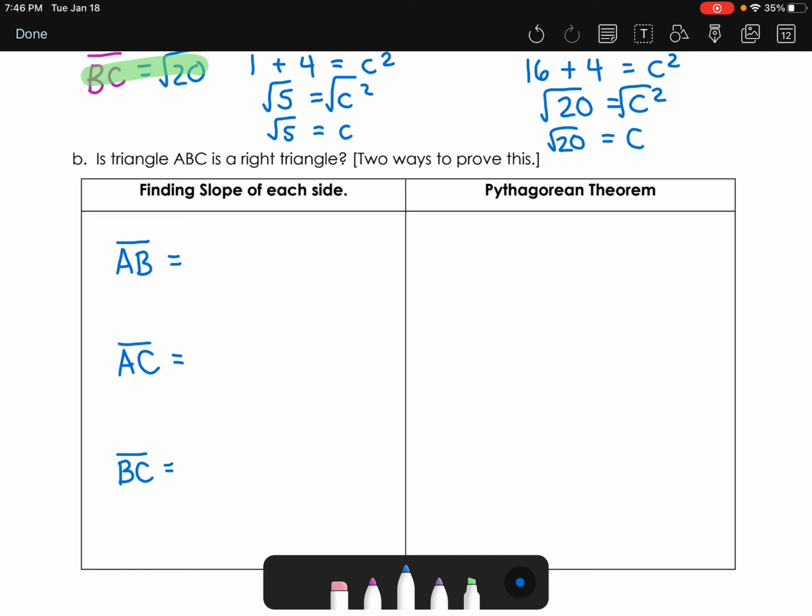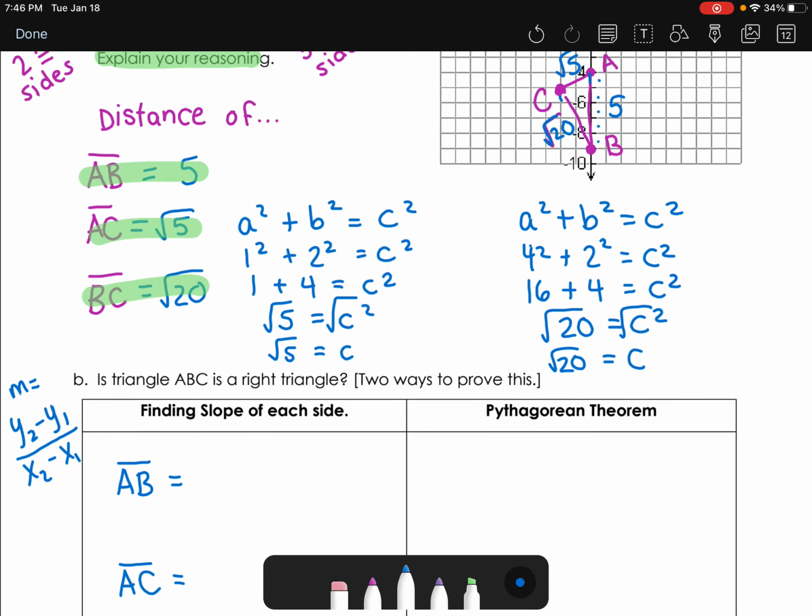So the slope formula is y2 minus y1 over x2 minus x1. So m is equal to that. If we can find the slope of each side, then we'll know whether or not we have a right triangle. Okay, AB.